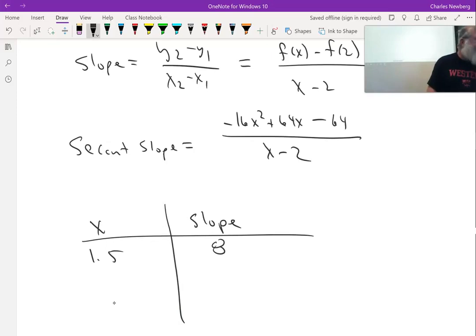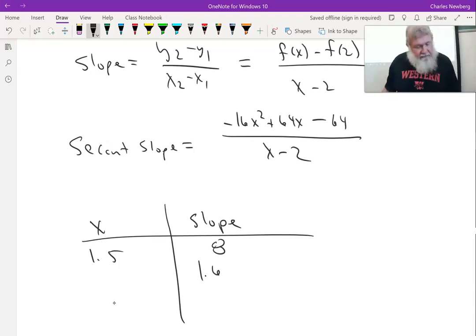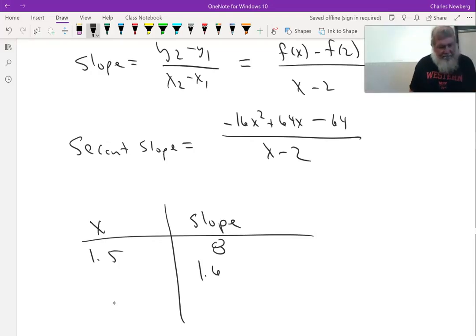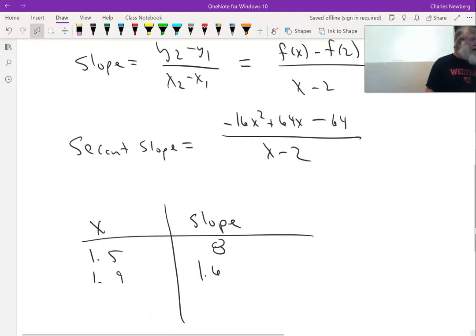Getting a little closer to 2. And notice in that formula, we can't put in 2. Why can't we put in 2? That would cause what? Division by 0. Put in 1.9, hit enter, 8/5, and that's what? 8/5 would be 1 3/5, so that's 1.6. And then let's see, what our next one's what? 1.99.